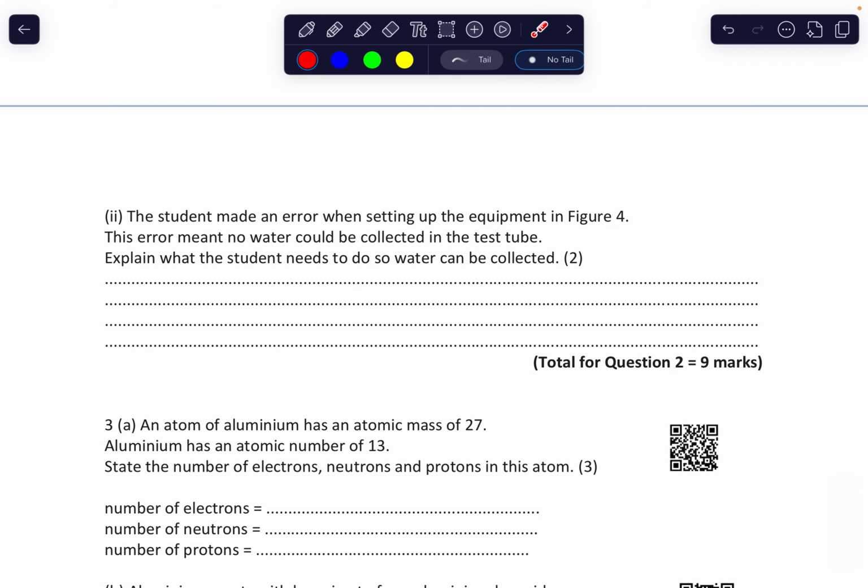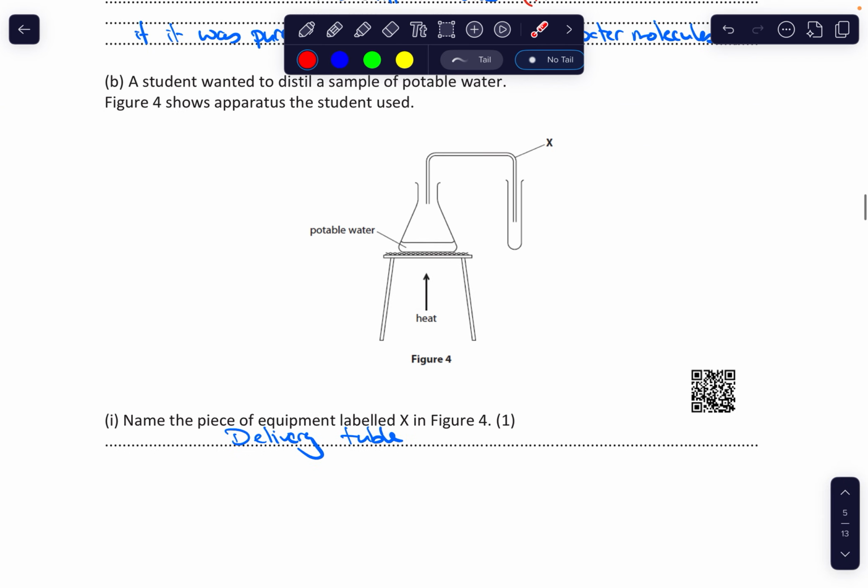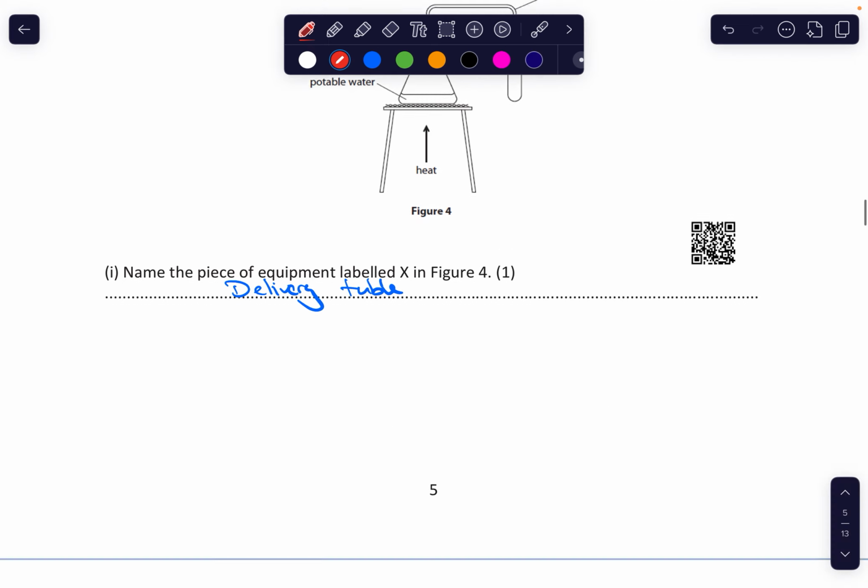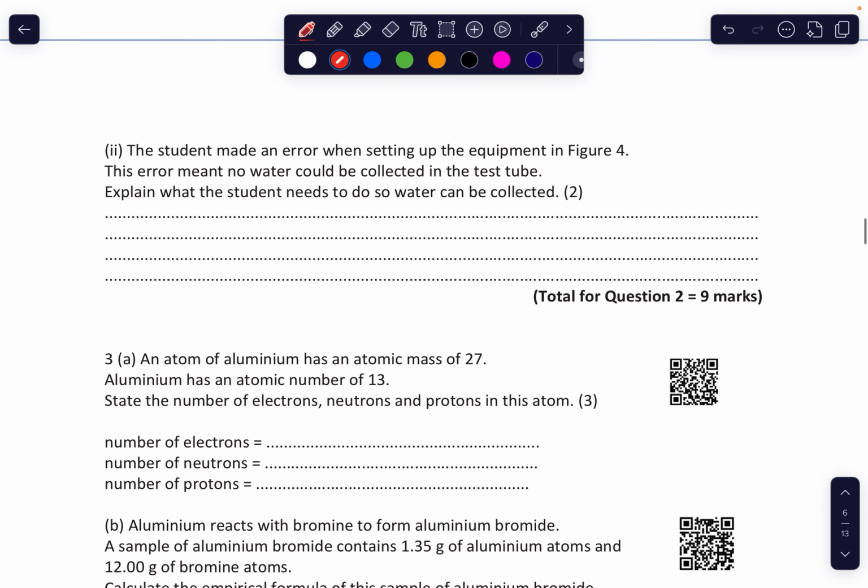So we come back to the picture. What we can see in this is at the top here of the conical flask, there should be a bung, and the bung's job is to stop the gas escaping and make the gas go through the delivery tube. So what does she need to do? She needs to put a bung onto the conical flask.